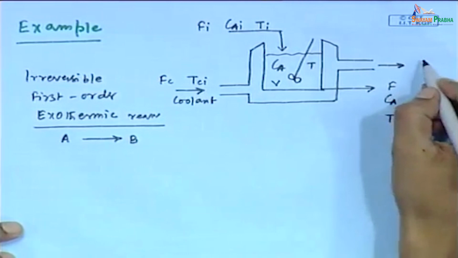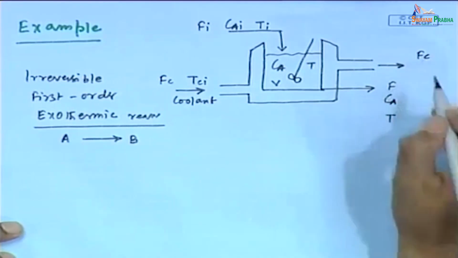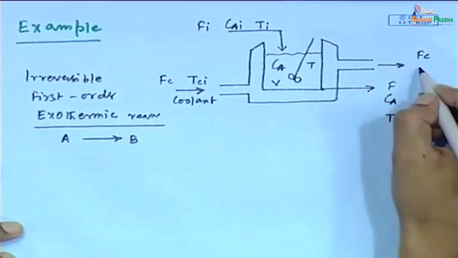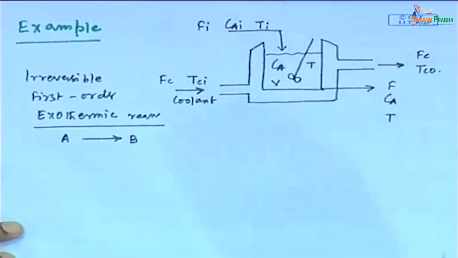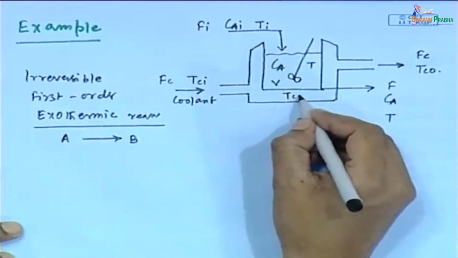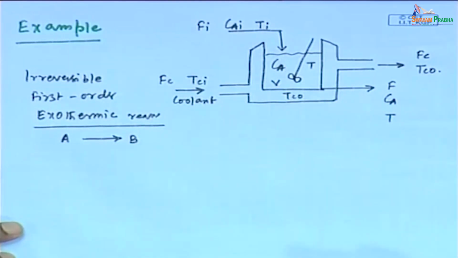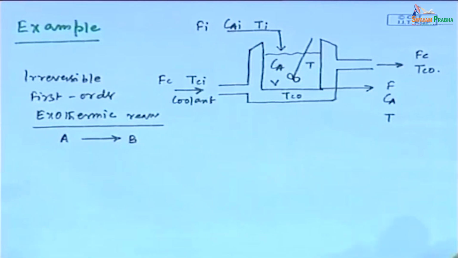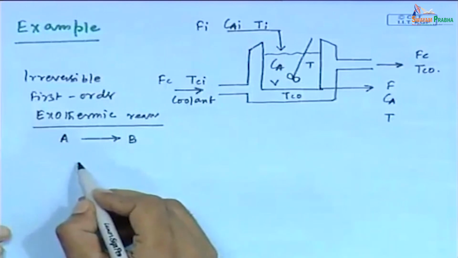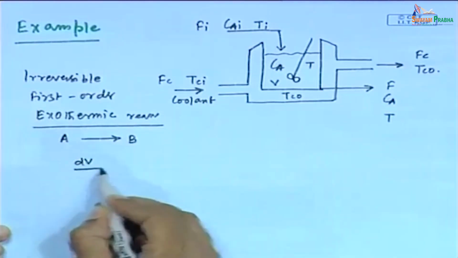The coolant is coming out at the same flow rate Fc and temperature Tc naught, fine. So, based on the standard assumptions which we have considered earlier, we got three modeling equations. You recall these modeling equations.